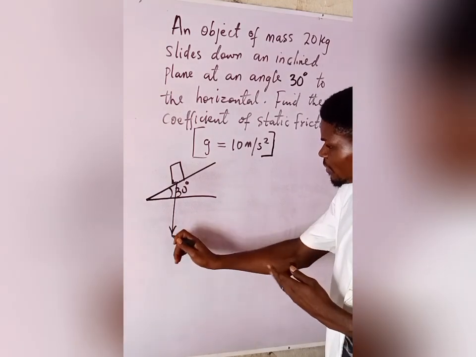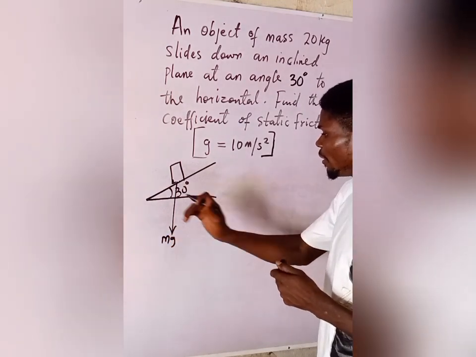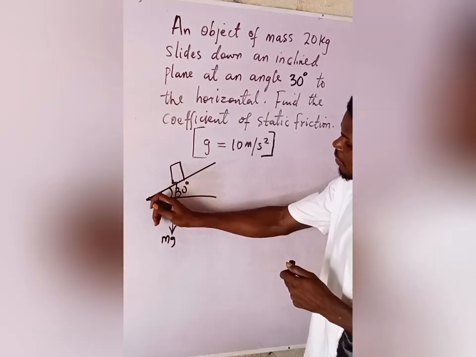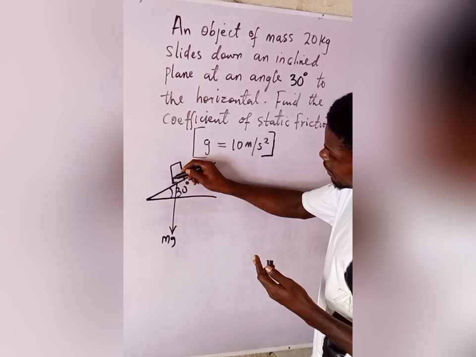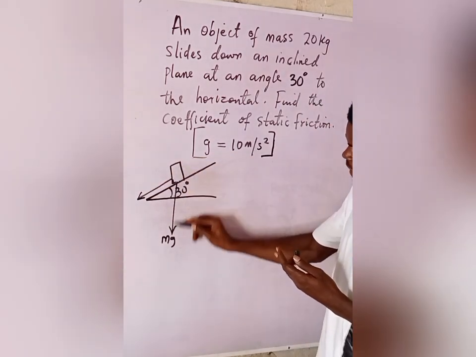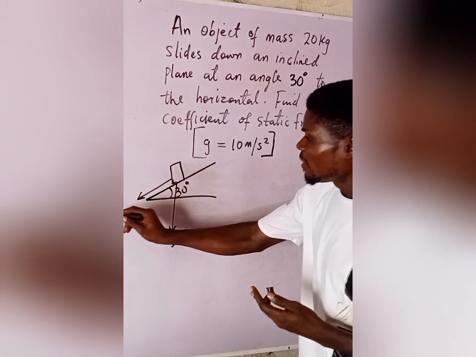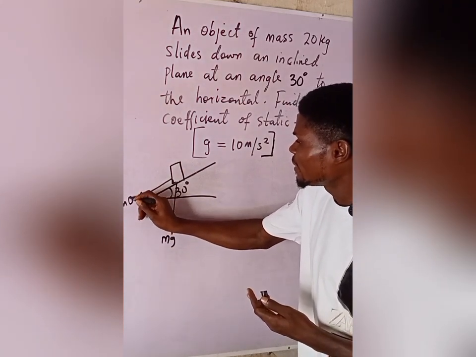So this is the direction of the weight. So we have mg here. Then along this plane, there is a force acting directly along this plane. That is, the component of this weight along this plane is given by mg sine theta.